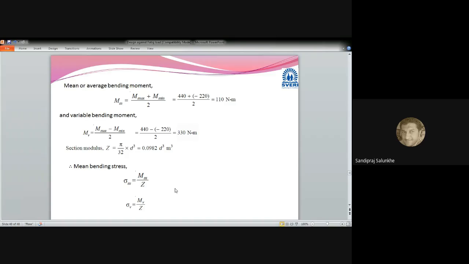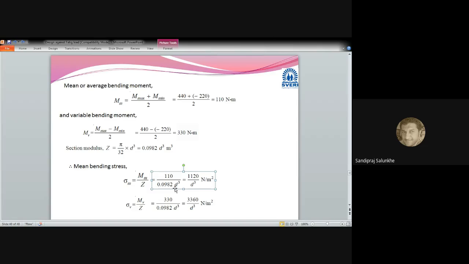Vaibhav Jagtap has got 1120.16 divided by d cube Newton per meter square. Yes, 1120, Rohit.